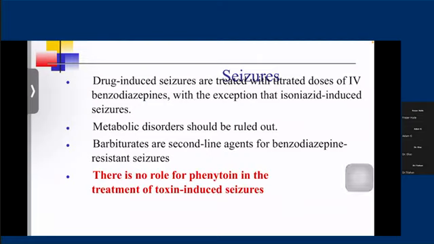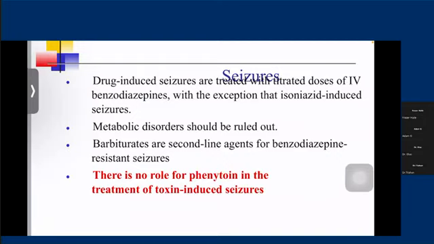Otherwise, the seizure caused by INH is usually refractory to benzodiazepine, so consider giving pyridoxine. Seizures can also be caused by metabolic complications because of the poisonous agent, so we always need to consider other metabolic and electrolyte abnormalities, rule them out or in, and then manage accordingly.